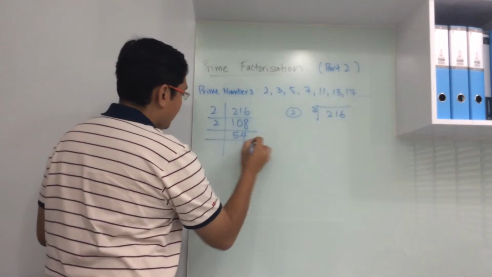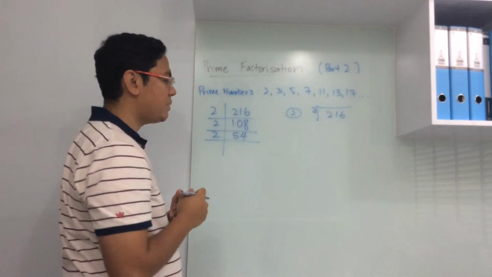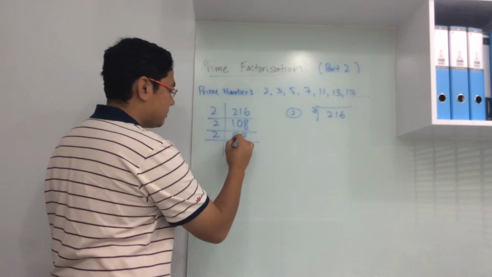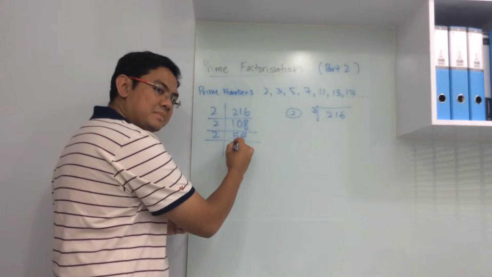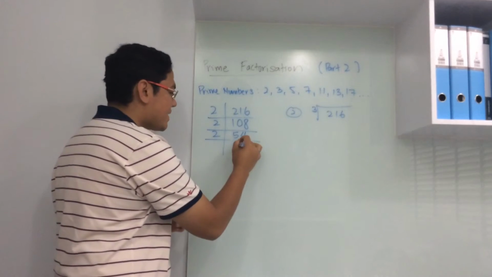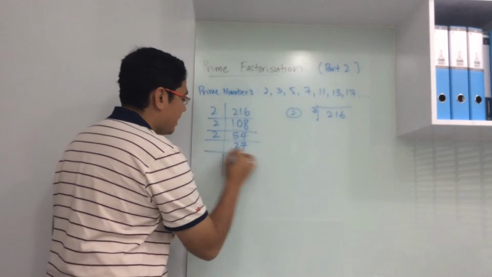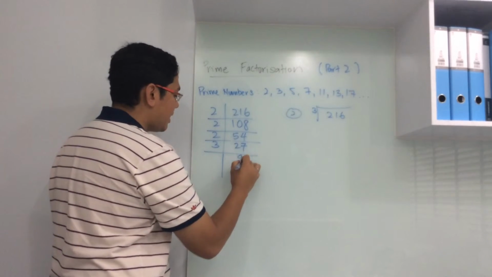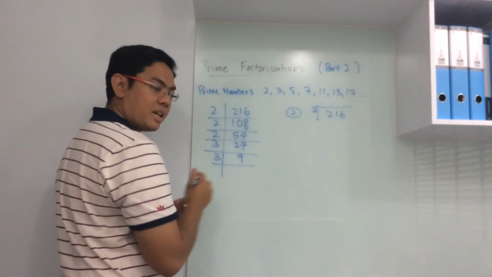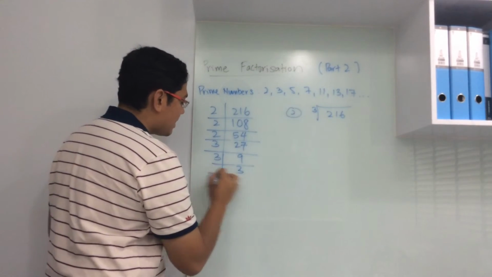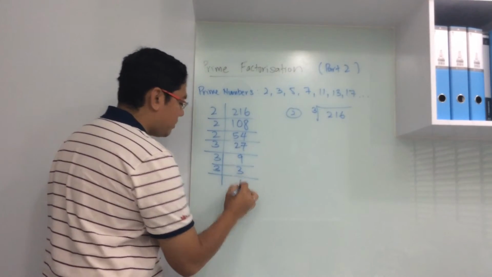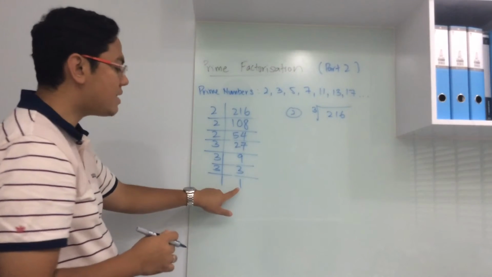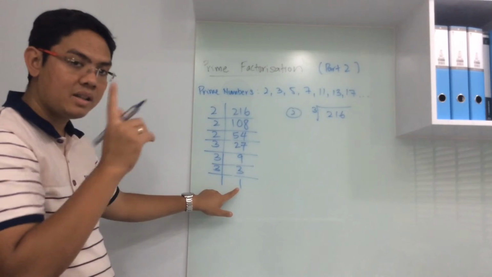Divide by 2, which gives me 27. 27 divided by 3 gives me 9. Divided by 3 gives me 3. And lastly, divided by 3 gives me 1. Alright? So my last number again must be 1.